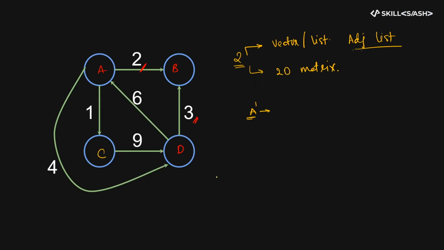Like any node we define in a tree, it will be something like this: node, and let's say character data for this. Let's say you are giving an array list as the adjacency list, and of type node only.